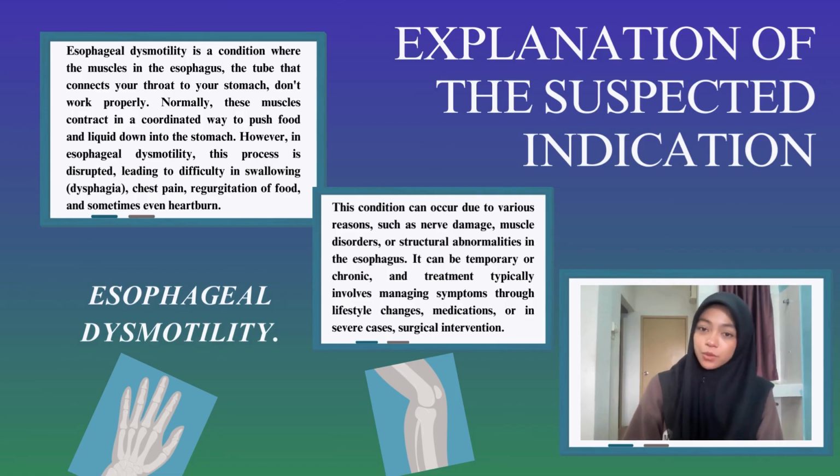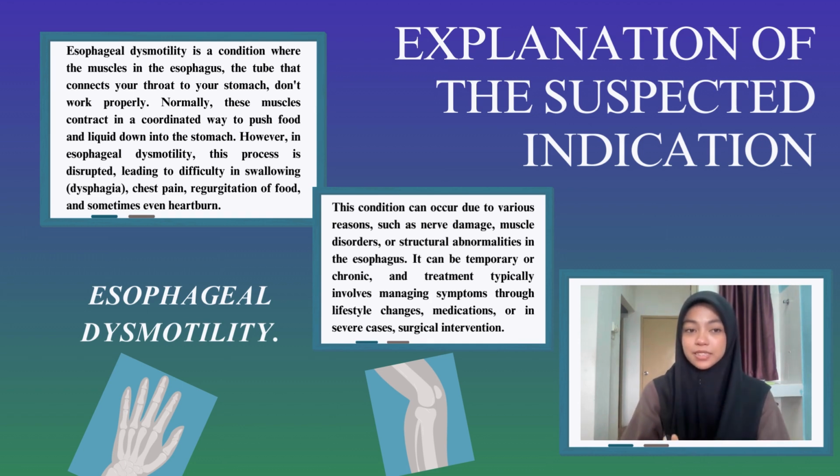So, to proceed, I will elaborate on the explanation of the suspected indication, which is esophageal dysmotility. It's a condition where the muscle in the esophagus, the tube that connects your throat to your stomach, doesn't work properly. Normally, this muscle contracts in a coordinated way to push food and liquid down to your stomach.